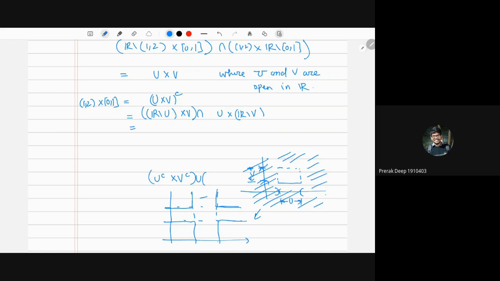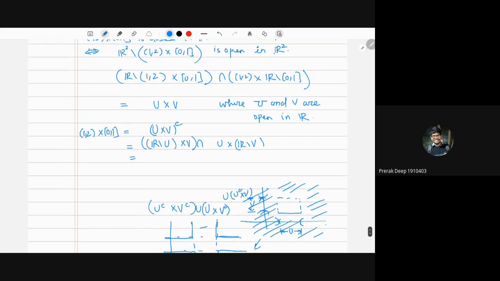This part is the union with U complement times V. So this is what you will get.